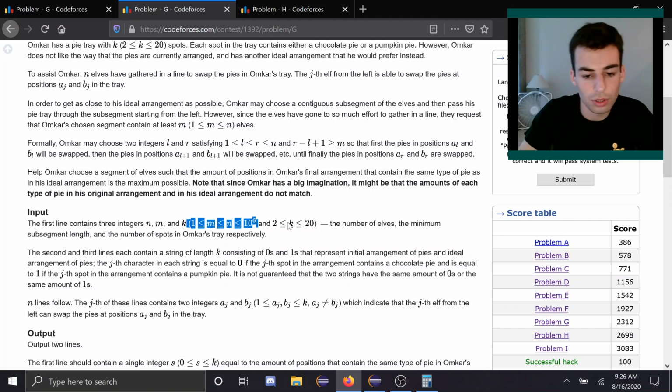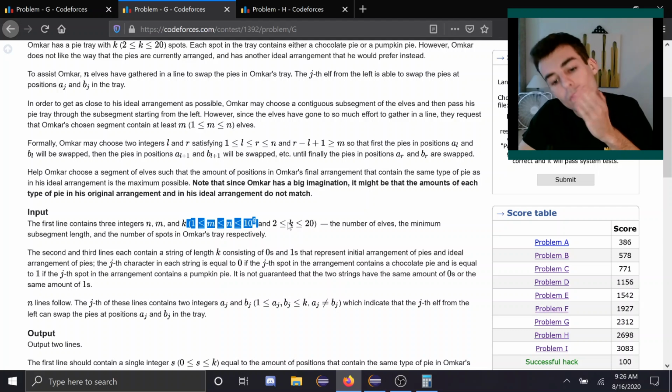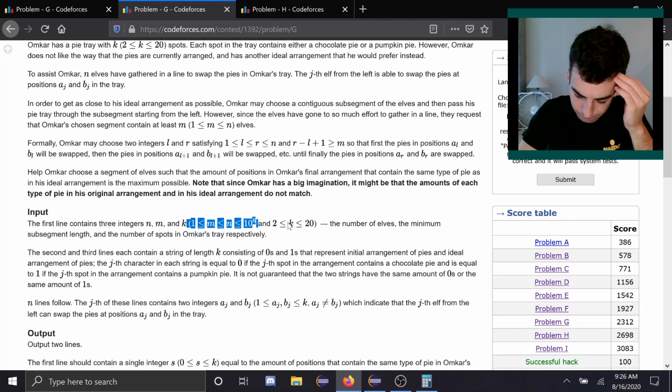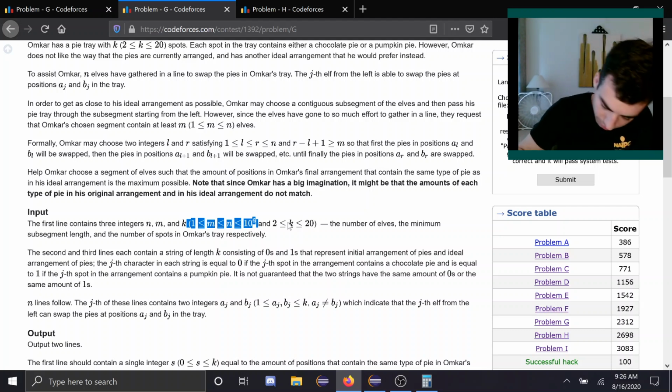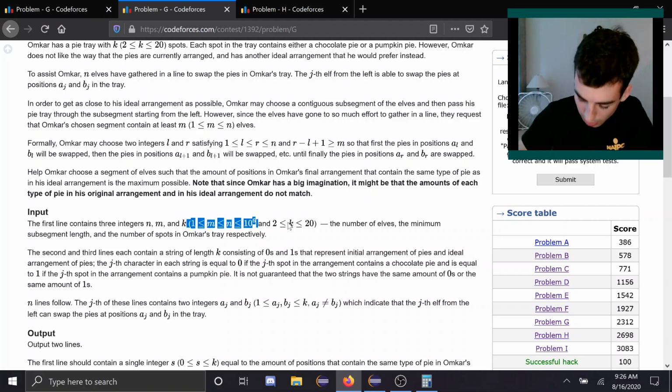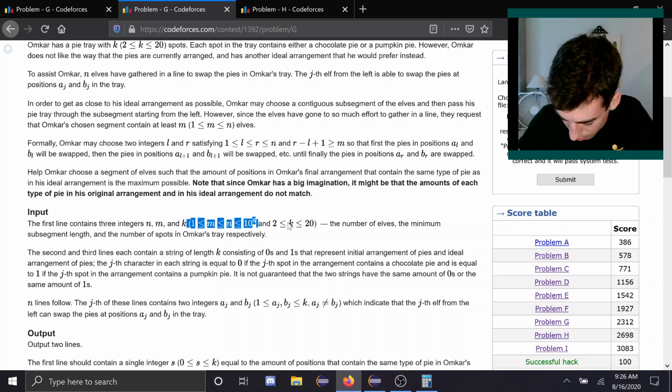Oh, do we want max over subset? So maybe we do all of these permutations.